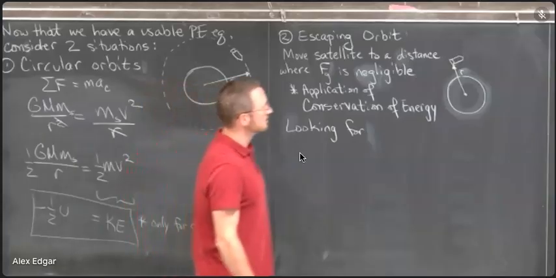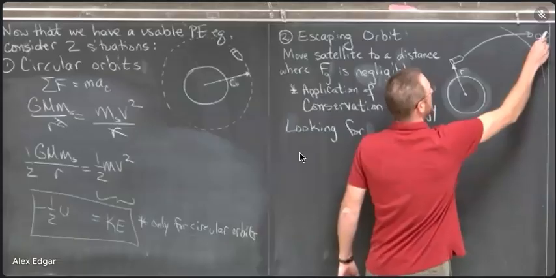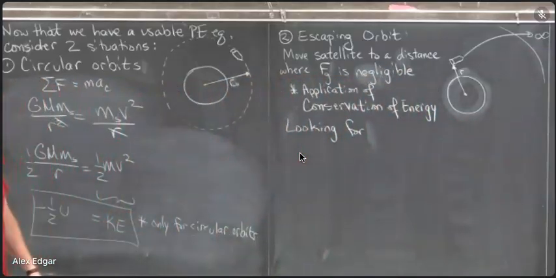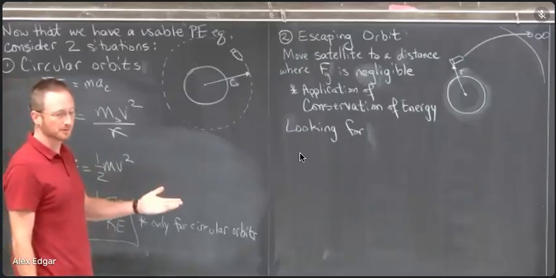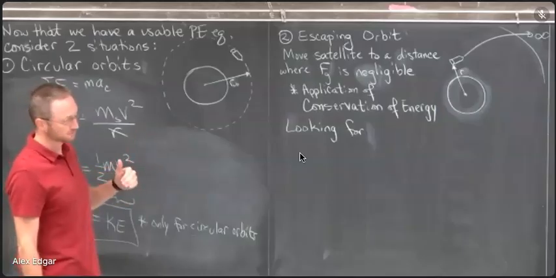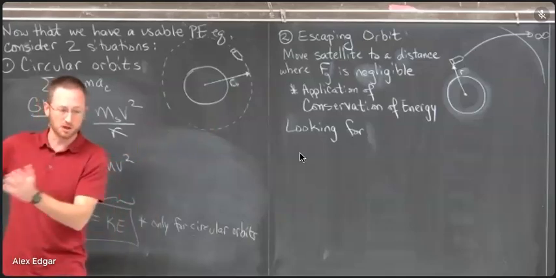Now this is a case where we're going very far away. And we call very far away infinity. That doesn't actually have to be infinity, it just has to be very far away. Meaning the force of gravitational attraction from the Earth on our satellite is negligible compared to other things.